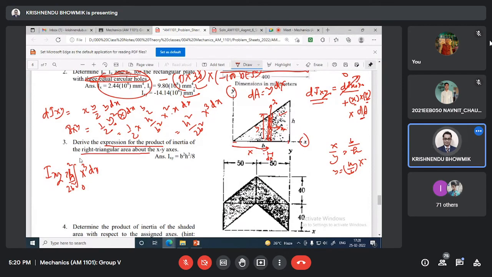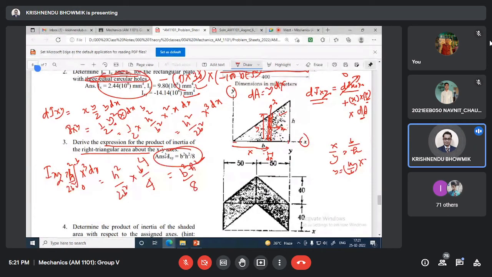So Ixy is the integration of h square by 2b square x cube dx from 0 to b, which is h square by 2b square times x power 4 by 4, so 4 x power 4, b power 4. So b square h square by 8. Yes. So this way we can prove this.